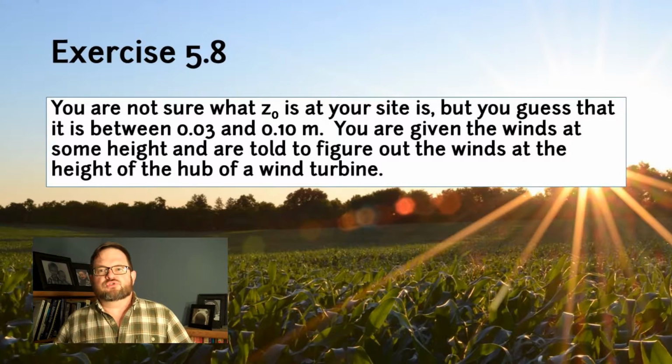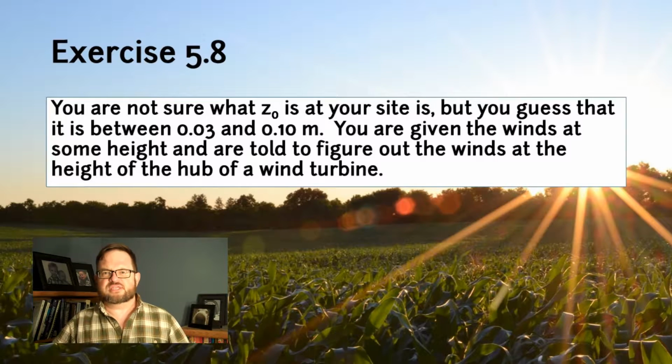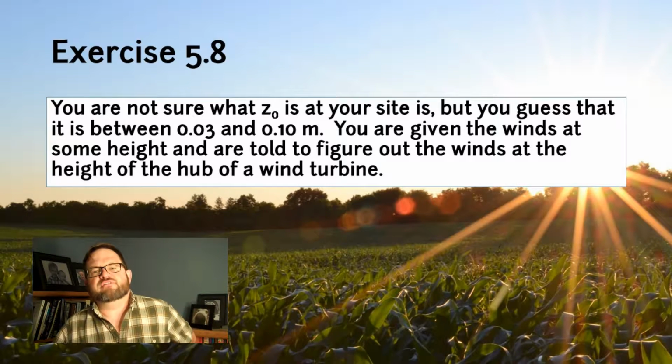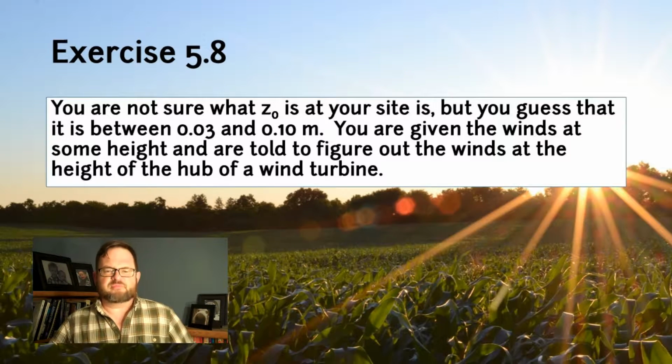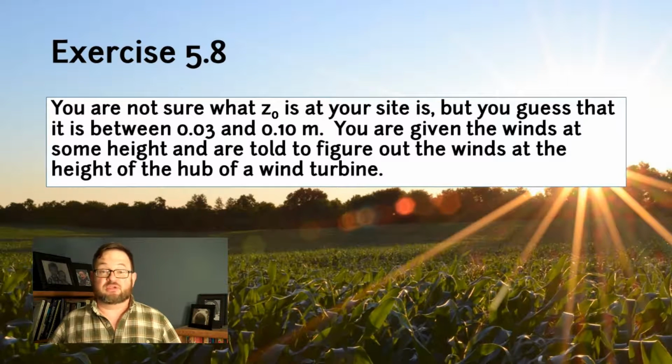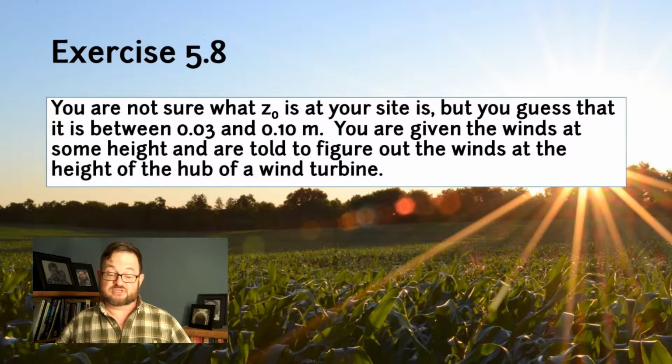Now, when I looked through this section of chapter 5 in your textbook, what I was impressed with was exercise 5.8. I think that really illustrated the nature of the problem when talking about the roughness of a surface. I didn't type the exact words of that problem out word for word, but basically it says that you are trying to do some kind of analysis of a field site, and you don't know yet what the value of the aerodynamic roughness length, the z0, is at your site.